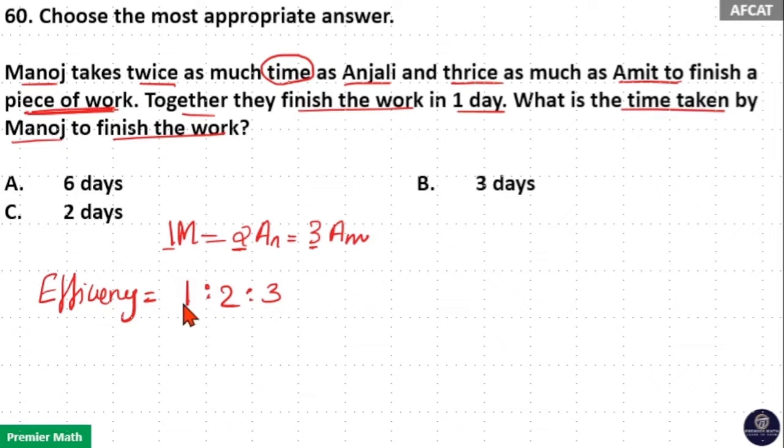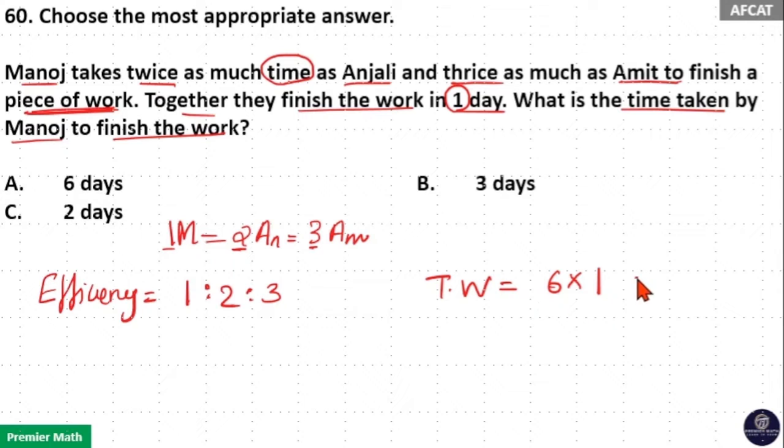Now, if efficiency is in the ratio 1:2:3, total work done is equal to 1 plus 2 plus 3, which is equal to 6. And number of days to finish the work is equal to 1 day. Together they finish the work in 1 day means 6 units they finish in 1 day.